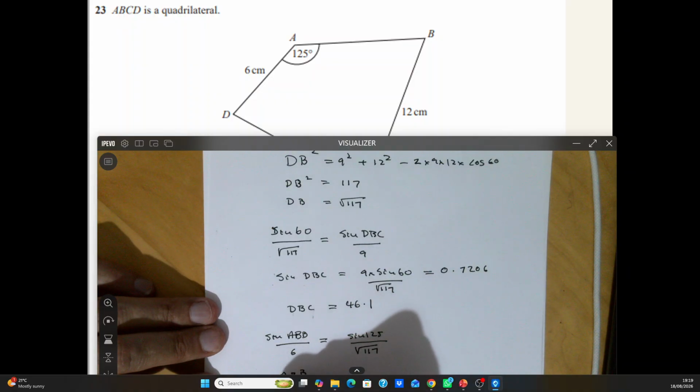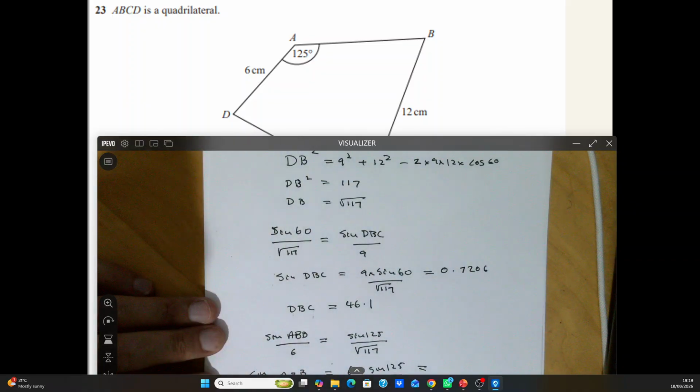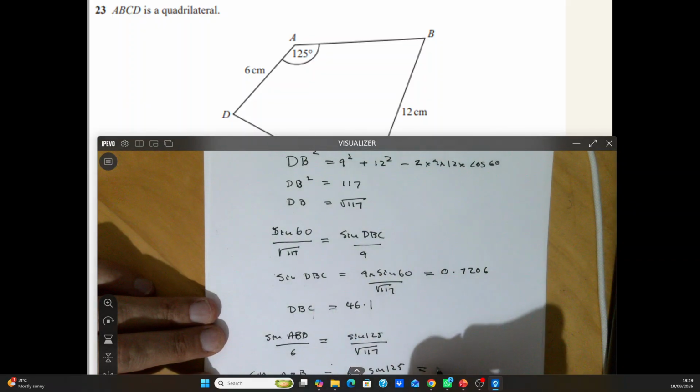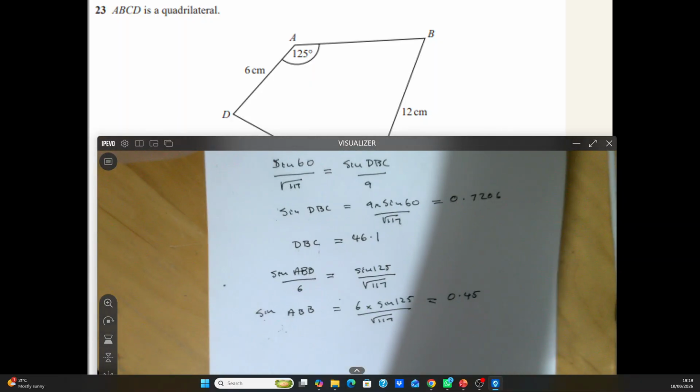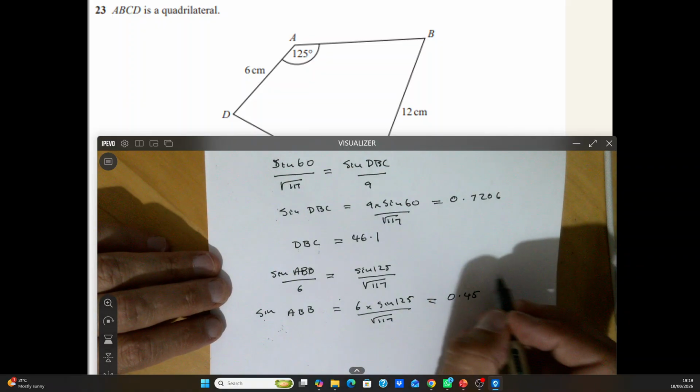So sine ABD equals 6 times sine 125 over the square root of 117, which gives me 0.4544.